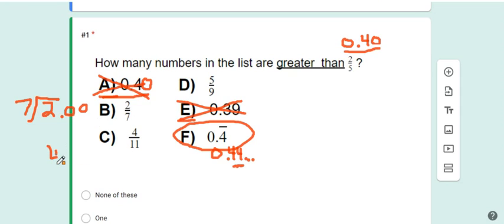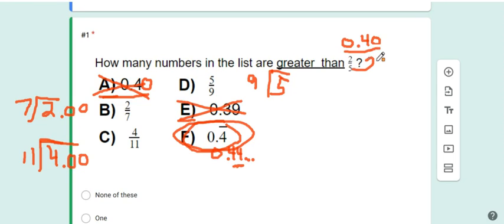This would be 4 divided by 11. There's your decimal, add placeholder zeros. This one would be 5 divided by 9. Okay, so be sure you set it up correctly. And you're looking for how many of these numbers, we already found one of them, are greater than 2/5 or 40 hundredths.